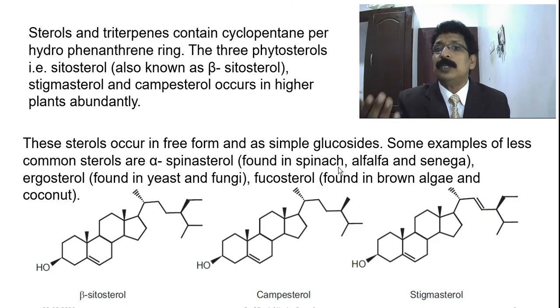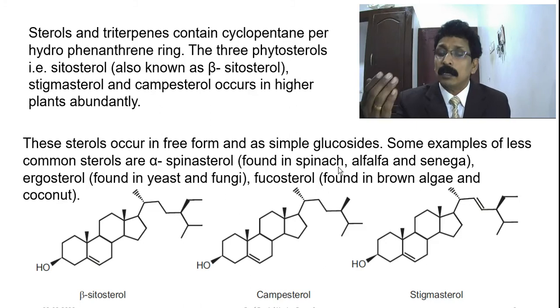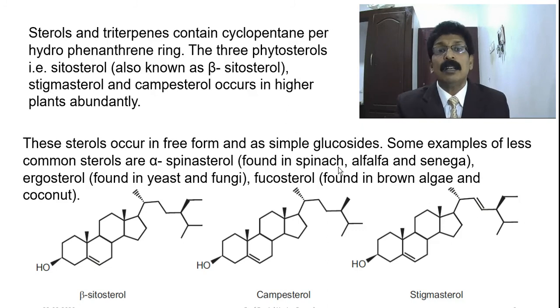Then they understood it has more vitamins and power, and these plants contain glycosides, which have glucose molecules attached to an aglycone, with medicinal use, as well as vitamins. And ergosterol, found in yeast and fungi, is also a naturally present sterol. Fucosterol is found in brown algae and in coconut.